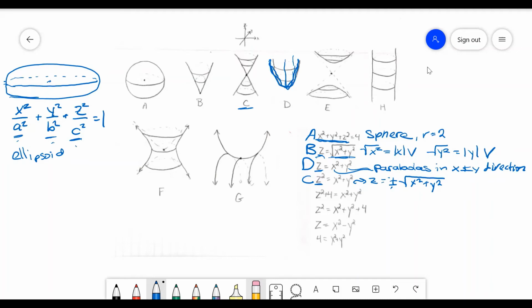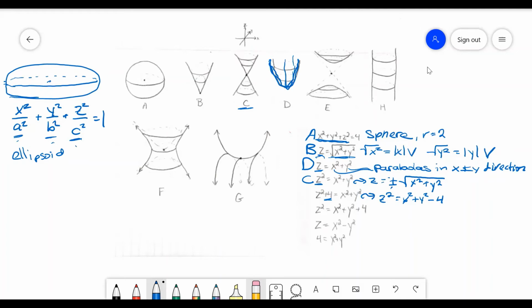Our next one again looks very similar, except now we have this plus 4 here. And we can apply the same idea of rearranging a little bit. I'm just going to take z squared is equal to x squared plus y squared, and then I'm going to subtract that 4 off. And sometimes it's really helpful, when we're trying to identify what's going on here, to imagine what happens when we plug in specific values for x and y.